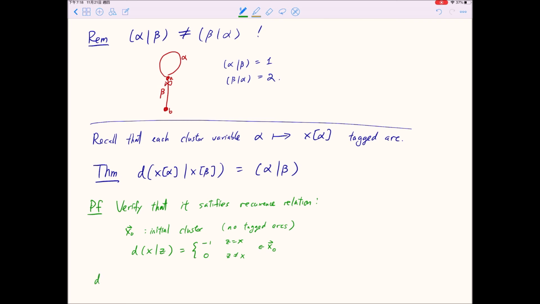And then we count that for a mutated variable, it satisfies the recurrence relation of this form. But this is exactly just like the mutation formula, but tropicalized, because you're only looking at the monomial power.